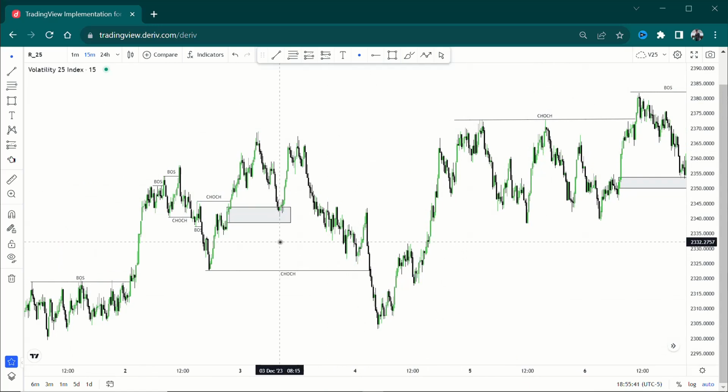So you have to follow every step. This change of character happened on 3rd December, and I think someone asked why there would be consecutive changes of character.